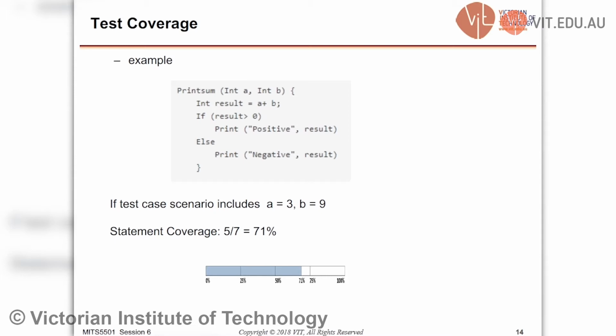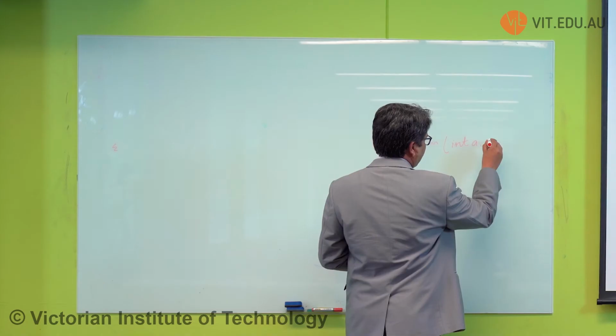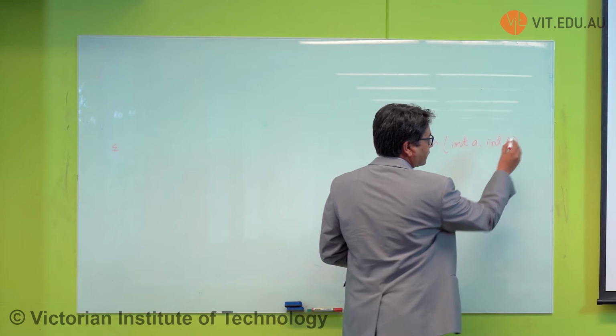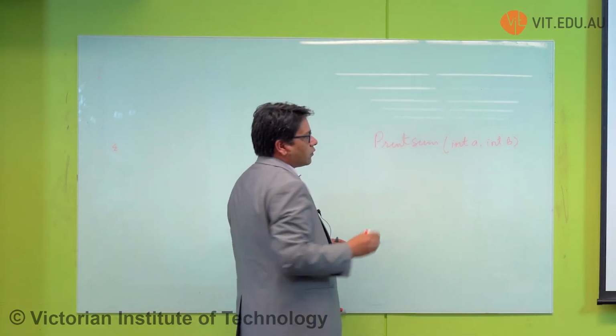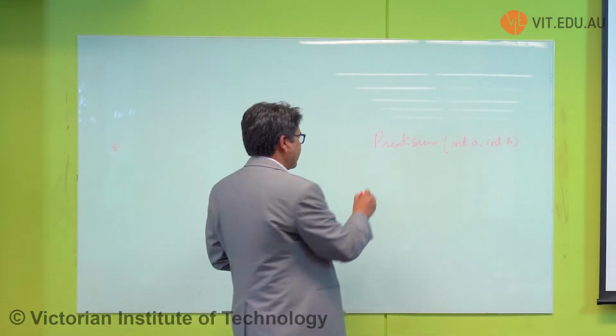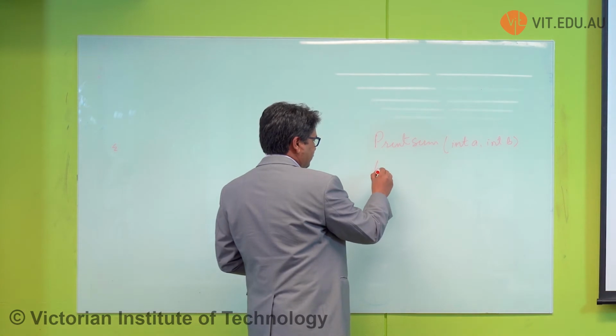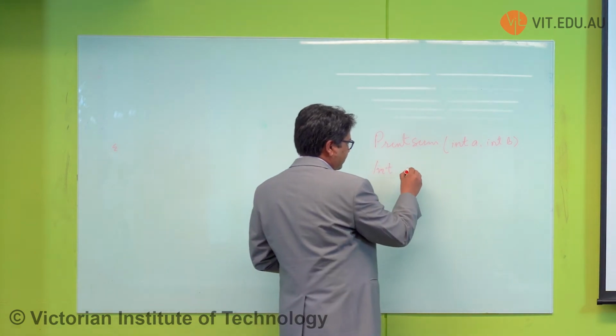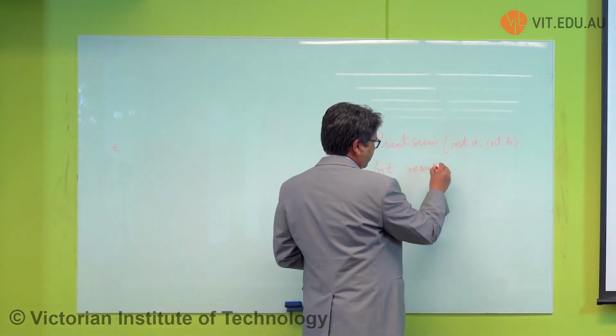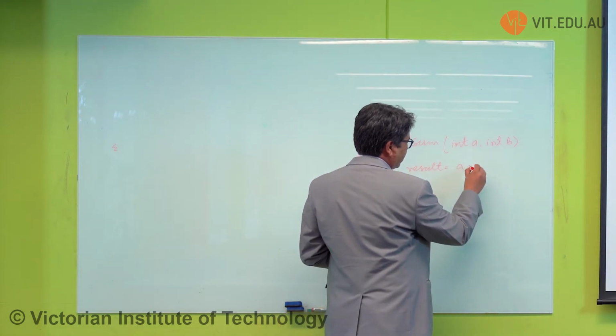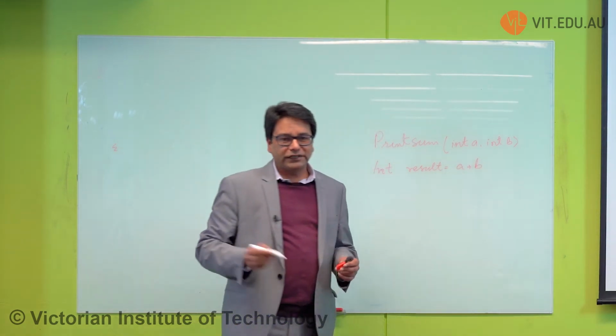We are printing sum, and we have two integers, integer a and integer b. What the program does is just add the two numbers, which are integers. I'm sure you are familiar with programming. As a tester, you need to know all the programming skills anyway.